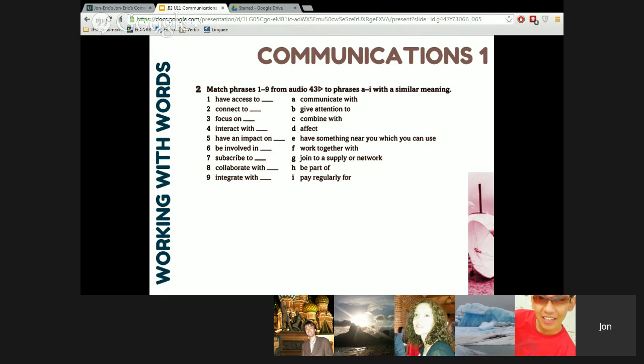So this is connecting the phrase with the definition. Sorry, I should have been clear. Have access to is the same as... communicate with. It's not the best one, though. To work together with.